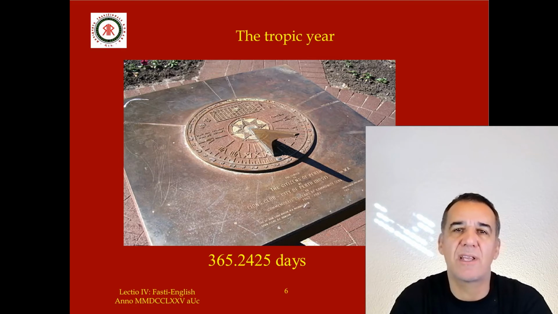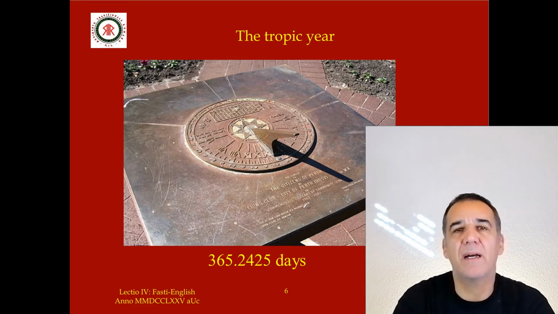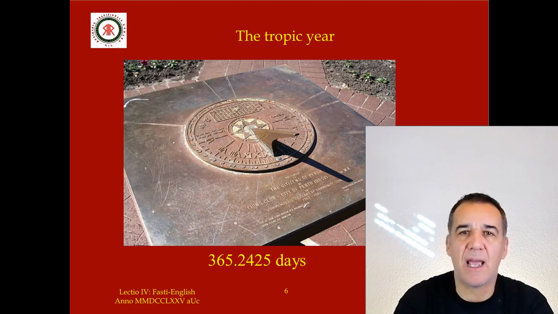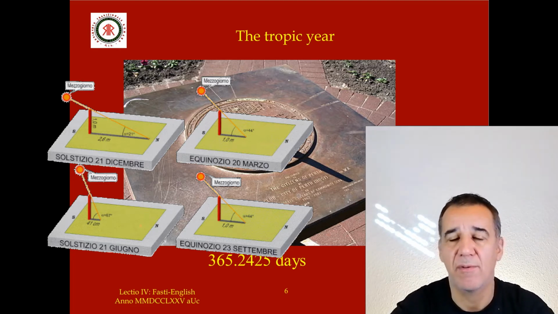So the next cycle we need to define is based on the apparent motion of the sun in our skies. So in order to do that, what the ancients did, they had to put a pole on the ground and then measure the length of the shadow of the sun when the sun was culminating south.